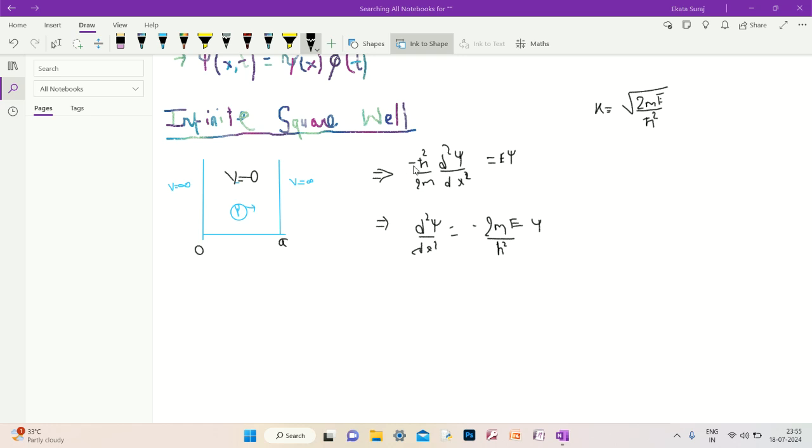So let's imagine this as minus 2mE upon h cut square. This constant k is defined as root under 2mE divided by h cut square.